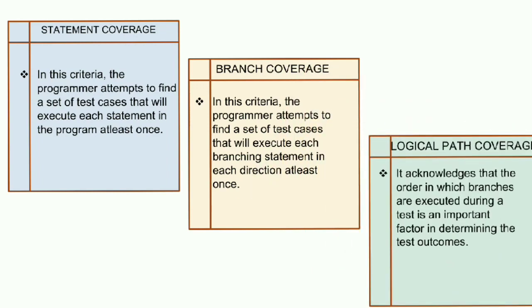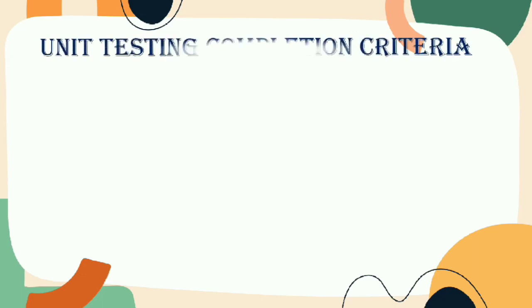The third one, logical path coverage. It acknowledges that the order in which branches are executed during a test is an important factor in determining the test outcome. For example, unit test completion criteria.